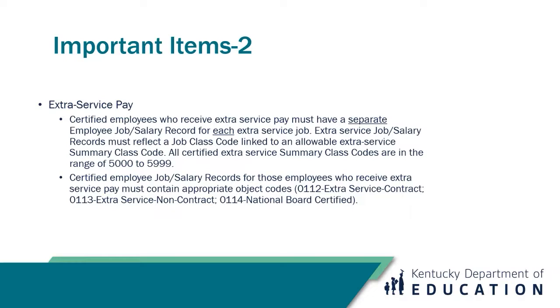Extra service job salary records must reflect a job class code linked to an allowable extra service summary class code, and you're going to see those in the range of 5000 to 5999. Certified employee job salary records for those employees who receive extra service pay must contain the appropriate object codes, 0112, 13, or 14.